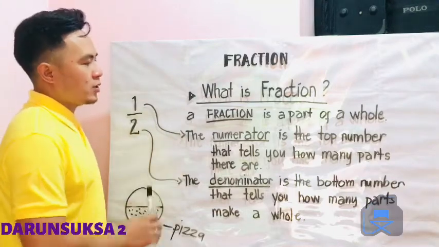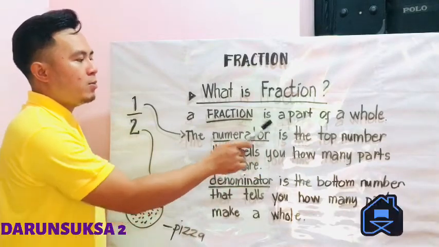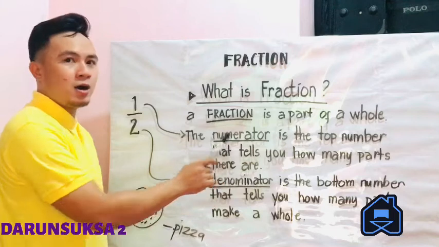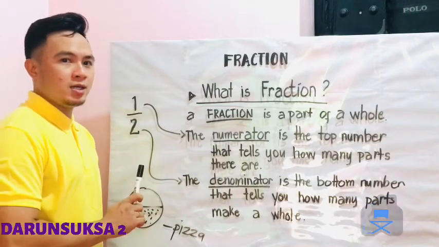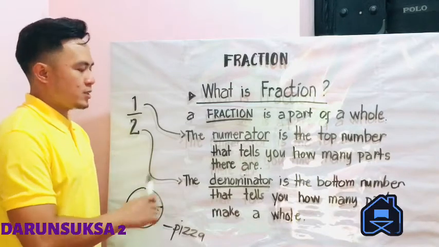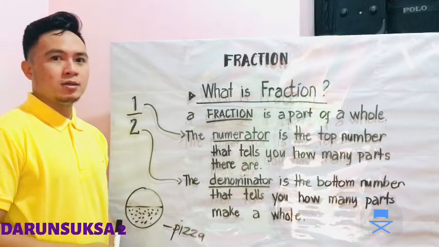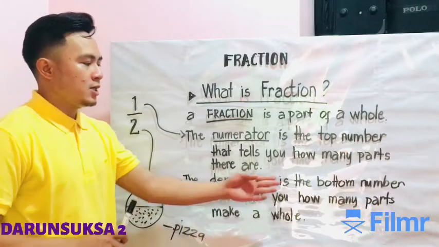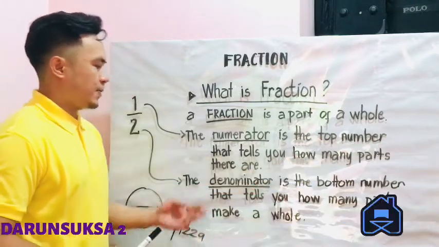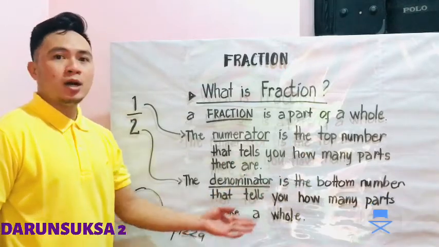The numerator is the top number that tells you how many parts there are. Okay? Then, the other number, which is 2, is called the denominator. The denominator is the bottom number that tells you how many parts make a whole.